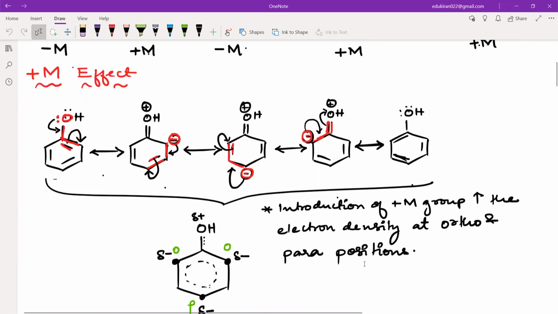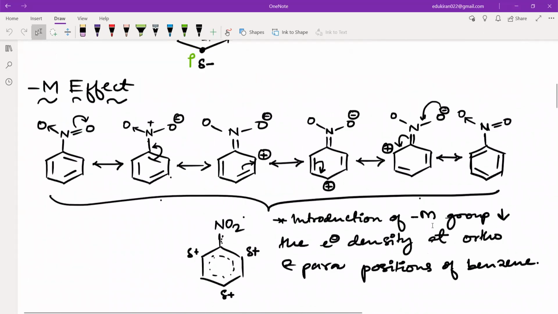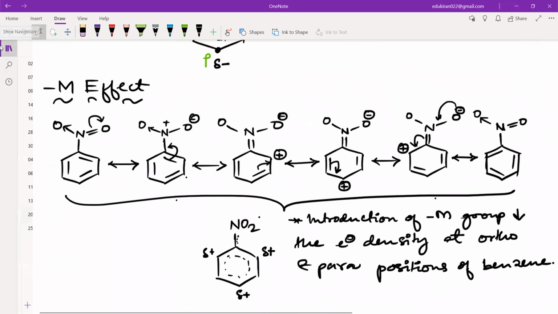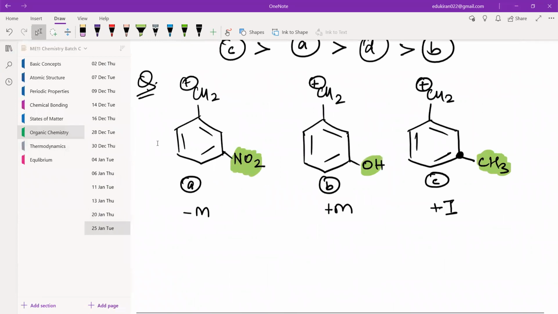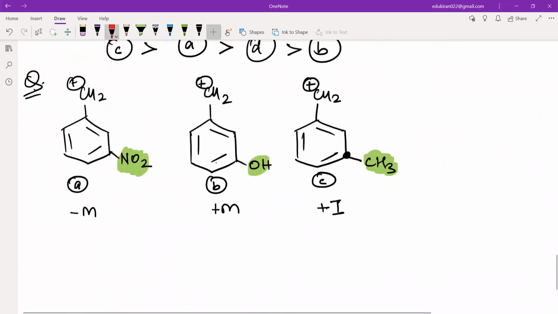What about minus M? It will decrease the electron density at ortho and para positions only. That means mesomeric effect does not have any effect if it is in the meta position, and both of these groups are in the meta position. That is why here it will not have any effect.